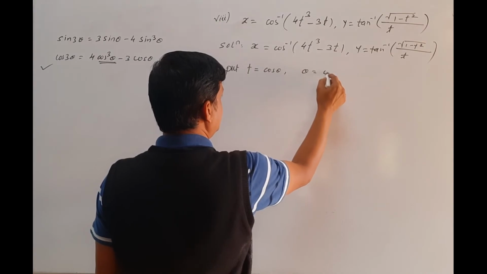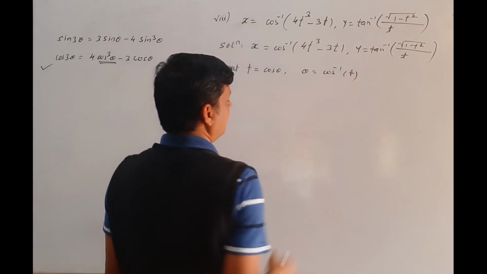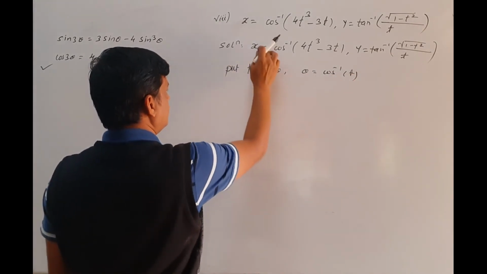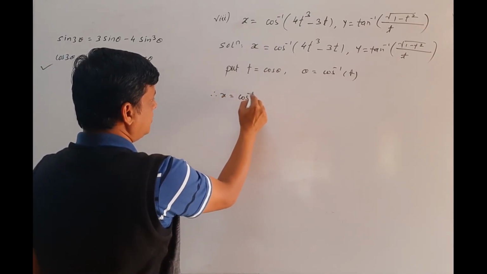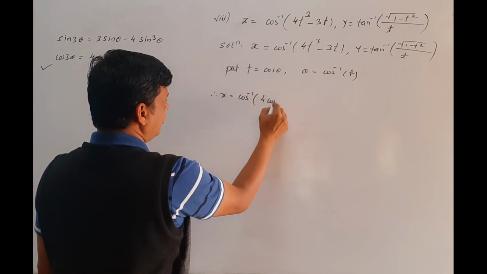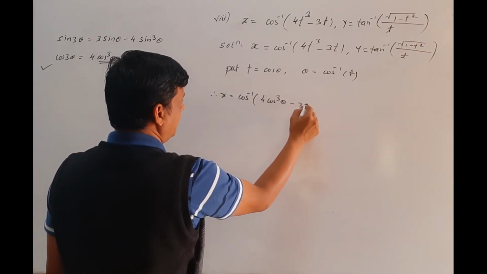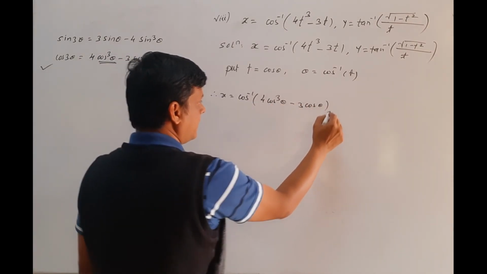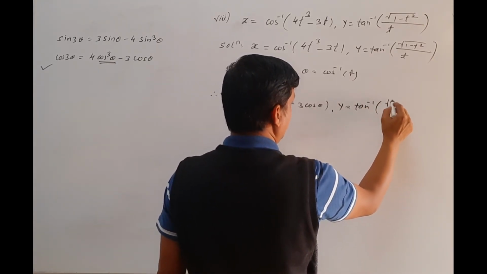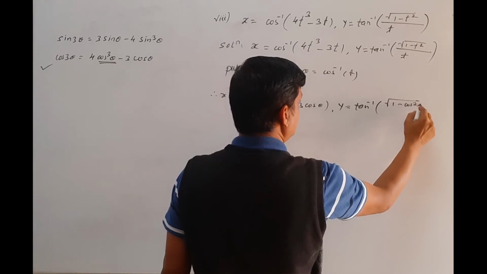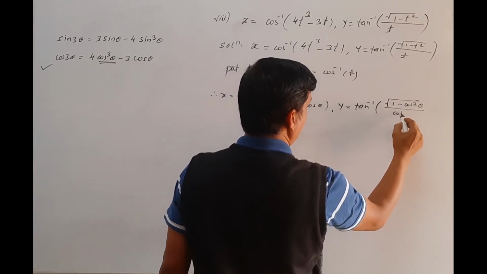That means θ equals cos inverse of t. So right here x equals cos inverse of (4 cos cube θ minus 3 cos θ), and y equals tan inverse of (root of 1 minus cos square θ) upon cos θ.